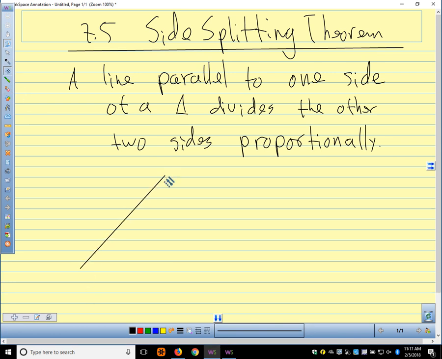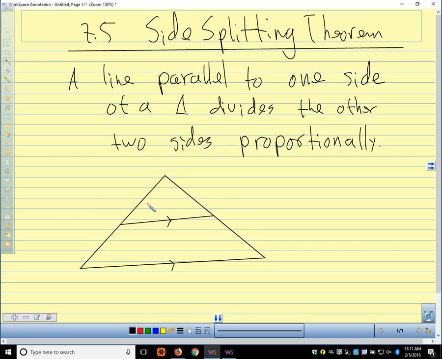So here's our triangle. We have a segment in the triangle that is parallel to one side of the triangle. So that's our setup for the side-splitting theorem.